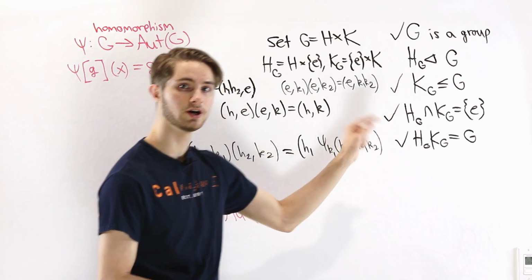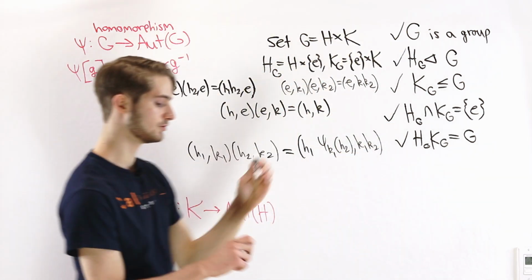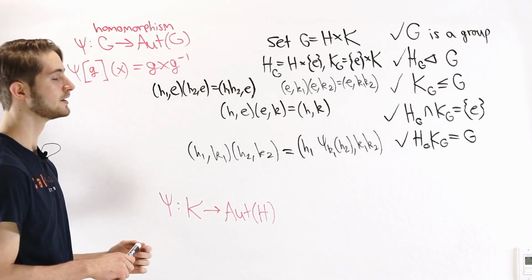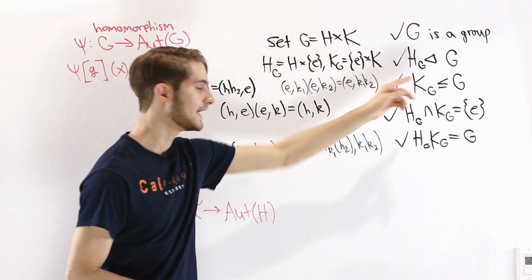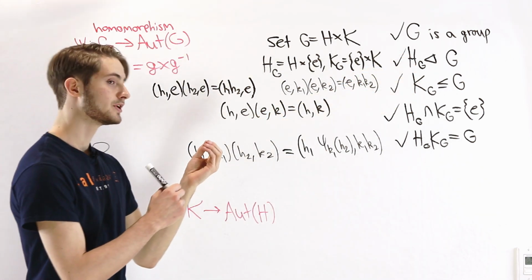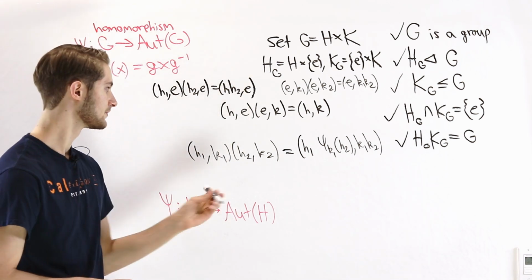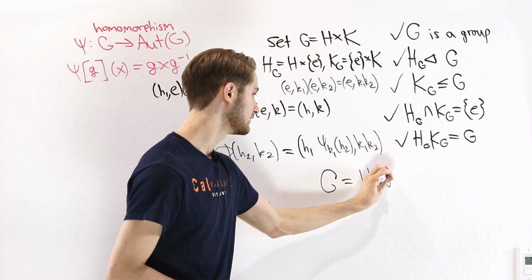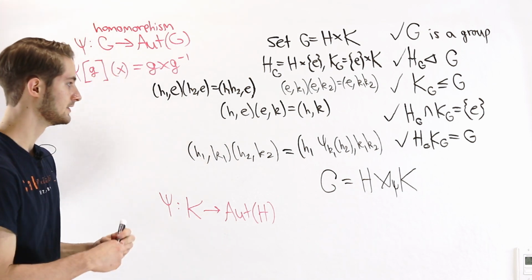H and K are going to be complements in this larger group, and H is going to be normal in G by that conjugation map that we saw earlier. As a result, if we look at this larger group, H sub G and K sub G, those are going to make an inner semidirect product in that larger group. So we write that G is equal to H semidirect product K with a psi down here.